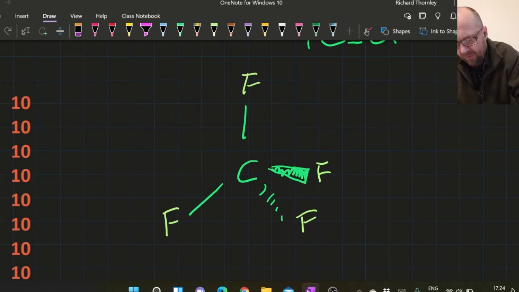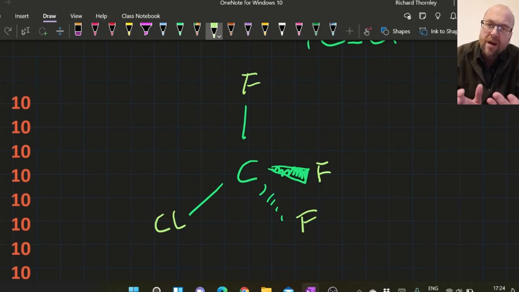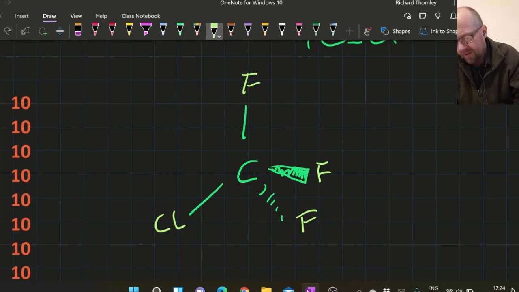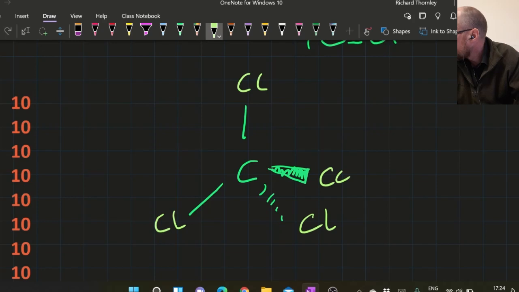Chlorine has a high electronegativity like fluorine, so the fluorine won't be able to drag all those electrons up quite as far because the chlorine's going to hold them back a little. So that's wrong. And if I replace them all with chlorine, well, that's non-polar, isn't it? Bond dipoles cancel. So I think the answer's A. 10A. Nice.